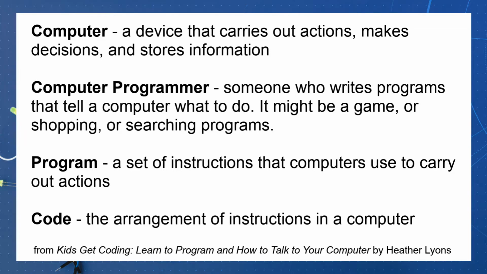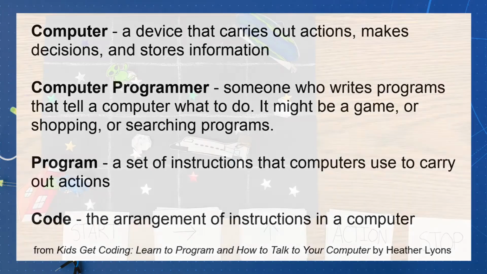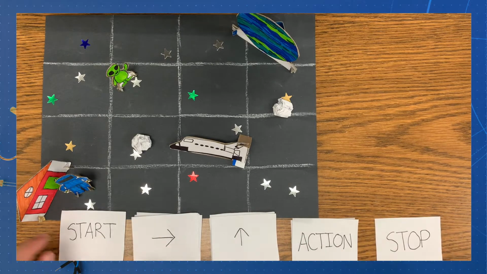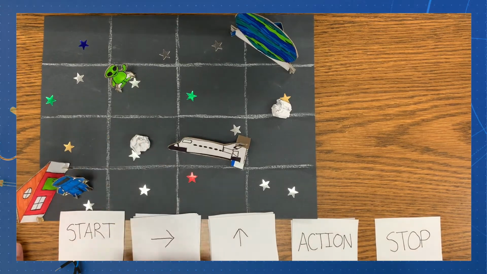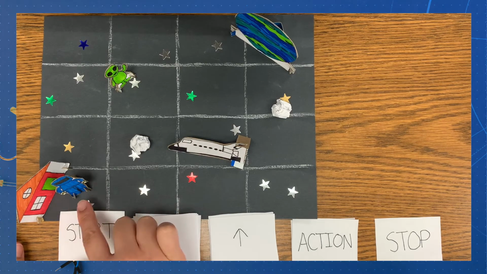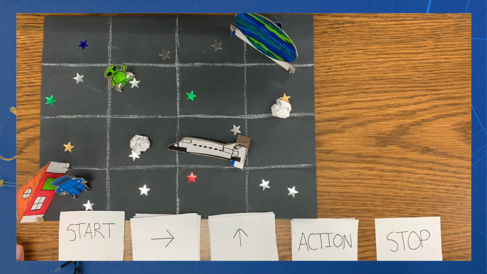So if you want a computer to do something, you have to tell it to do that thing and exactly what to do. And to do that, you need to run a program. And that program will be made up of code. So what we're doing in this game is coding a program for this little dude right here to follow to get them from here to the planets.